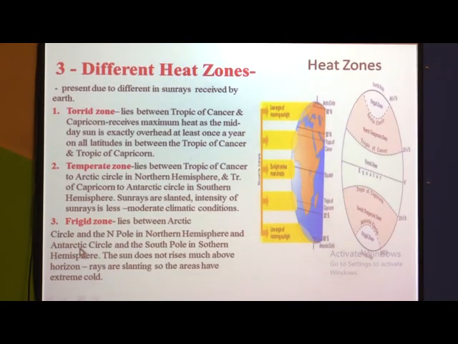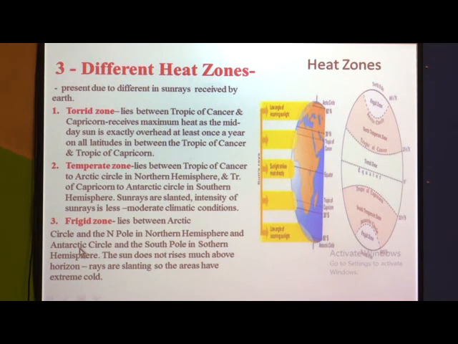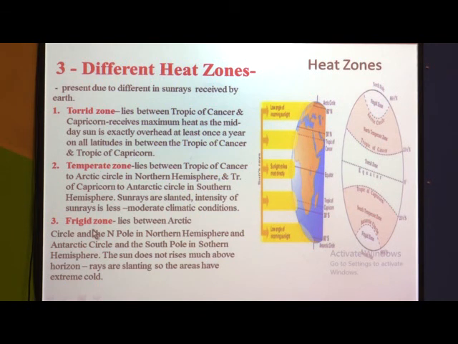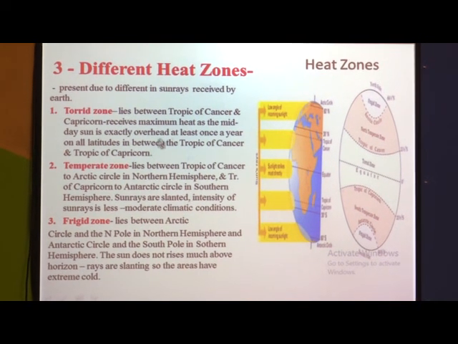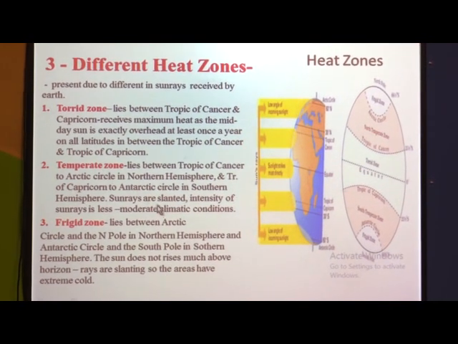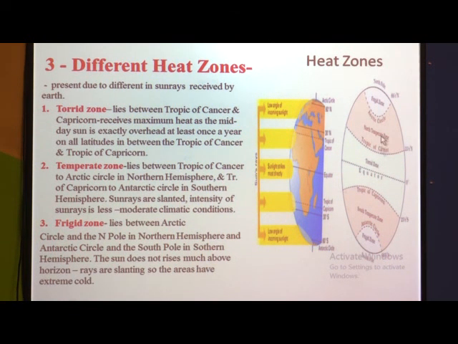The last topic which we have seen today is the 3 different heat zones: torrid zone, temperate zone and frigid zone. The torrid zone receives maximum heat throughout the earth, the temperate zone has moderate climatic conditions, and in the frigid zone the climate is cold.